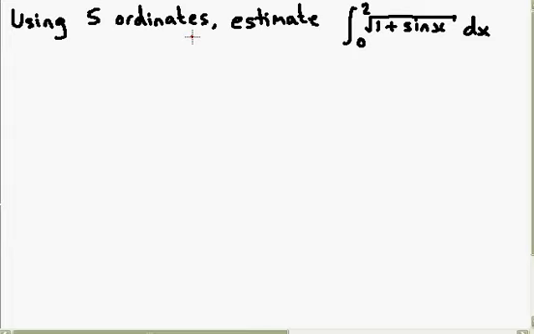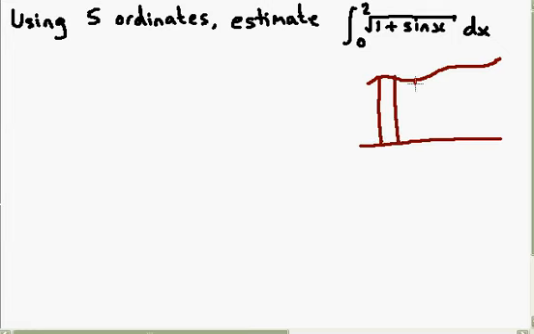Okay, so 5 ordinates means really, well, if I give you a practical example, so here's the curve, say, for example, here's the x-axis, then 5 ordinates, there's 1, 2, 3, 4, 5, and you've got to imagine that they're all the same width apart from each other, okay?